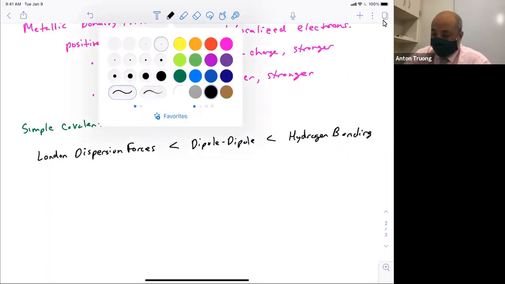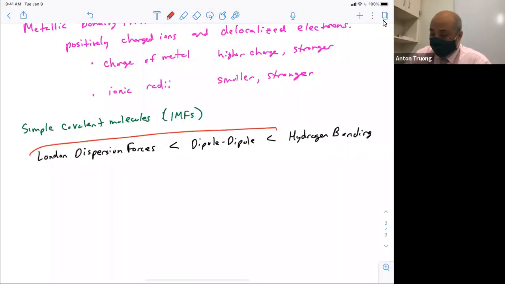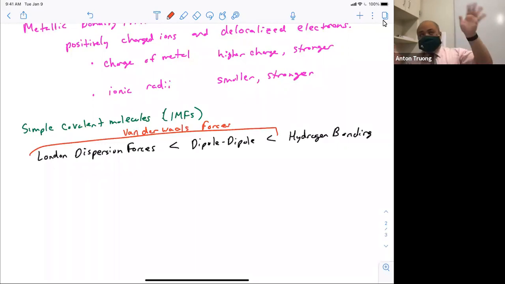Now, another term for these 2 forces combined are van der Waals forces. So London dispersion forces and dipole-dipole are grouped together under the umbrella of van der Waals forces. Some old IB tests might treat London dispersion and van der Waals as the same thing, but the new curriculum really explicitly says that van der Waals forces includes dipole-dipole as well.